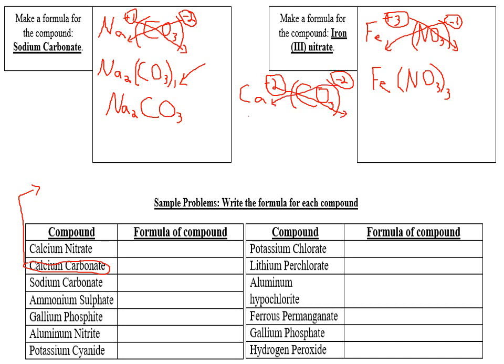And so we get Ca 2 brackets CO3 2. And so you'll notice that you'll actually have to reduce because you have 2 over here and 2 over here. You can reduce by dividing by 2.